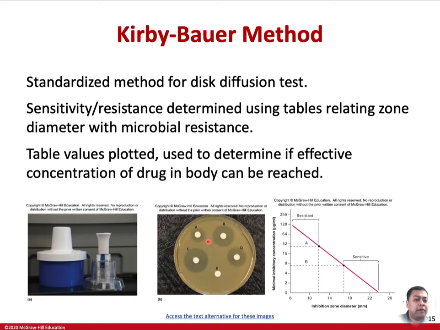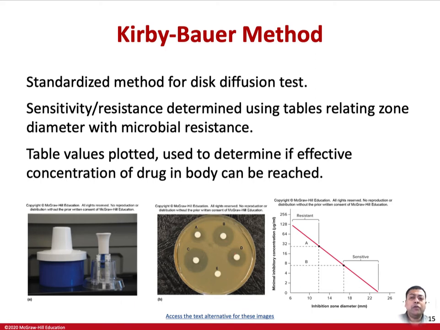This is the background bacteria making a lawn. Whereas around this one, there is a small zone of inhibition. Then the next larger zone is this one, then the next one, and this has the largest zone of inhibition. Now you measure the diameter of each of those zones and tabulate them.